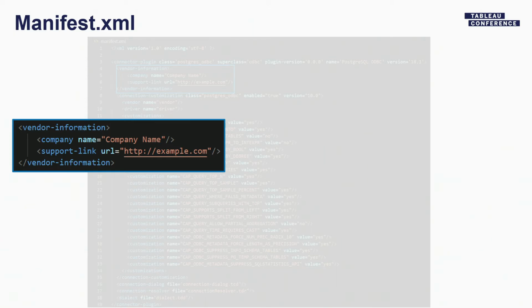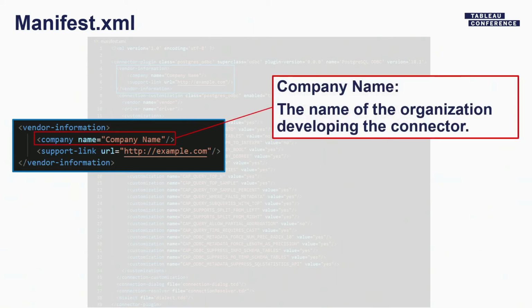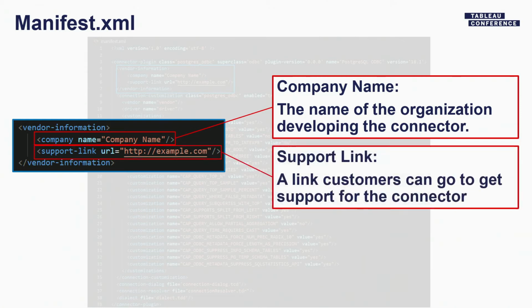So in these elements, you can specify the name of your company or individual who created this amazing connector. And also you can give the user support link. So this link will show up in the error dialog, in the connection dialog. So you can have the user click and go to your support web page.